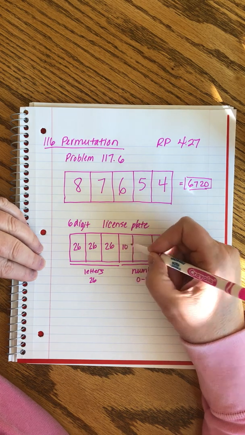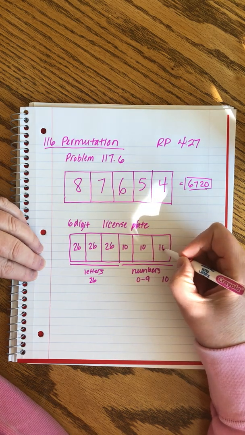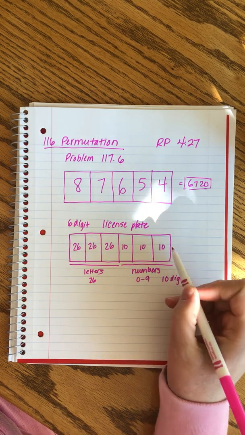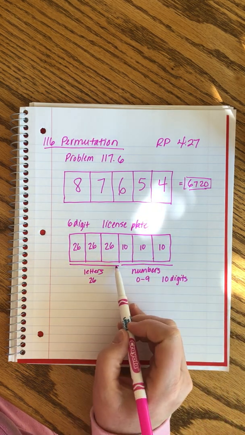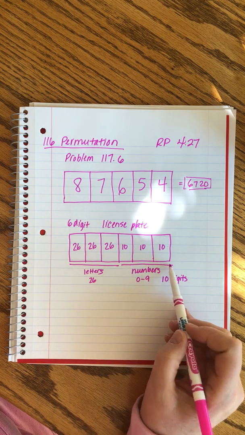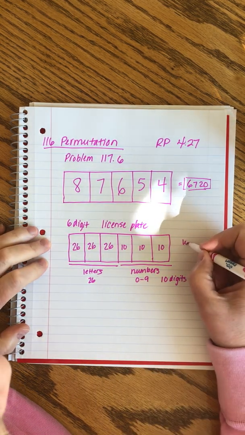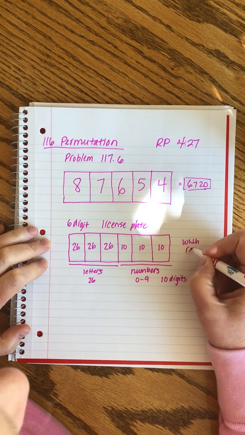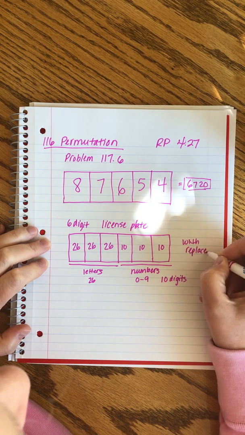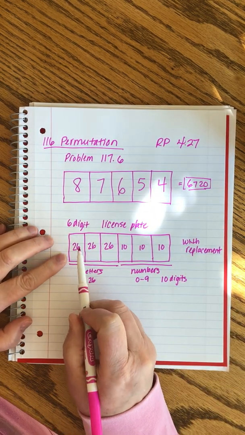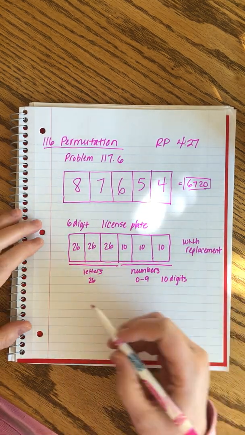So there are 10 digits here. You had to think, okay, letters, how many choices do I have? Number, how many choices do I have? This is with replacement. This is my version of the problem saying, yeah, your license plate can start with DDD if you want. It can be 3 letters in a row.